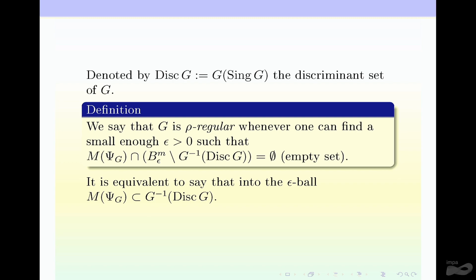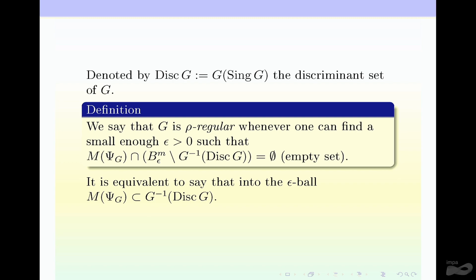So now what we are doing here, we just consider an epsilon ball in the search space, and we remove the pre-image of the discriminant set. So we remove all fibers where such a fiber intersects the singular set. We are saying that a map is regular if such an intersection here is empty for some epsilon small enough. If you get one, of course, anyone smaller than that will satisfy such a condition.